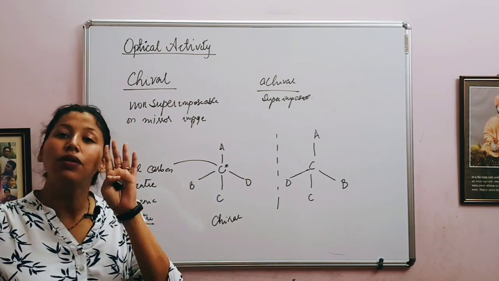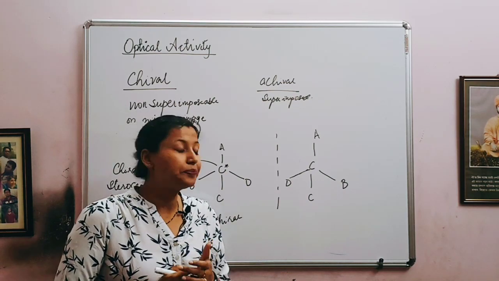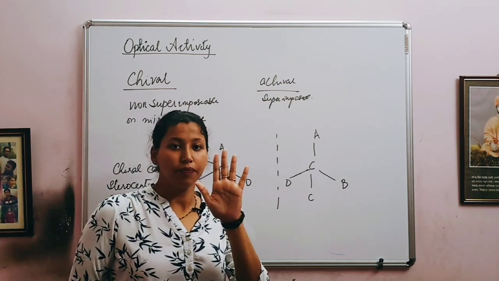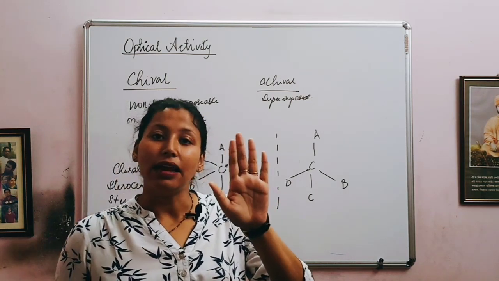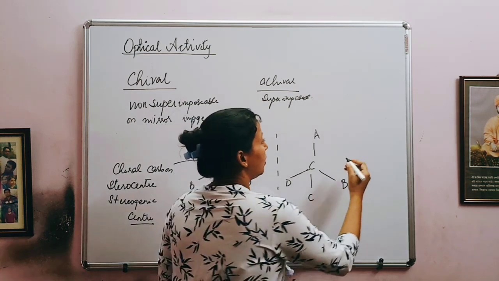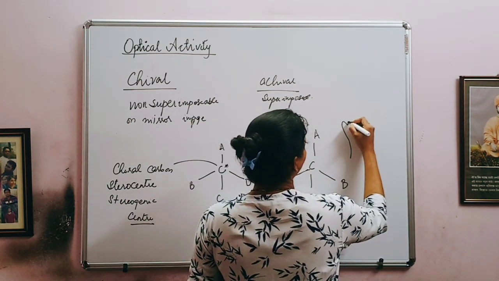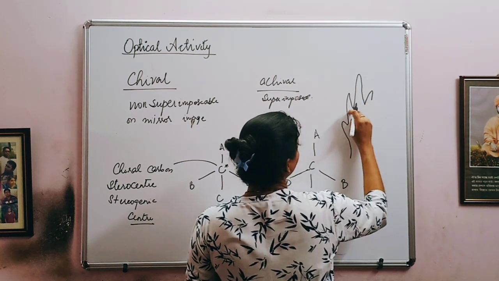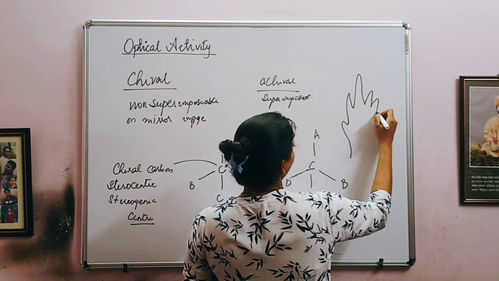Also, there is one more criterion. What is that? So this is my hand. Why is my right hand not superimposable on my left hand? I'm trying to draw my hand, but it is looking very ugly. 1, 2, 3, 4, 5.